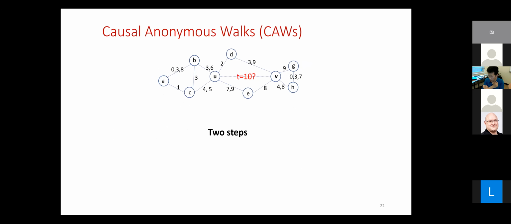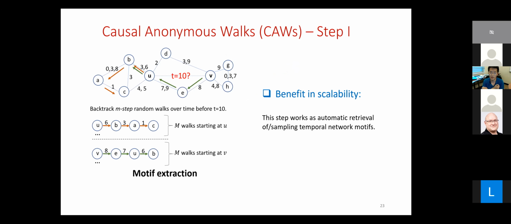So what's our procedure to solve this temporal network motif representation? This causal anonymous walk follows two steps. The first step is we do some random sampling of random walks over this temporal network. How can we do that? Suppose we have a query between U and V at time 10.